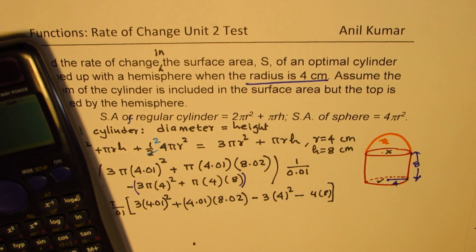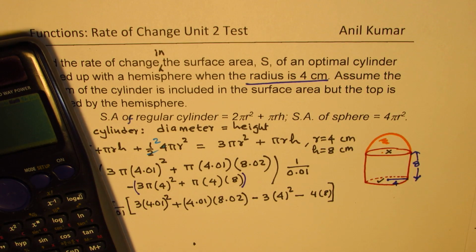So we have 3 within brackets 4.01 square, bracket close, plus 4.01 times 8.02 minus 3 within brackets 4 square minus 4 times 8. Correct?